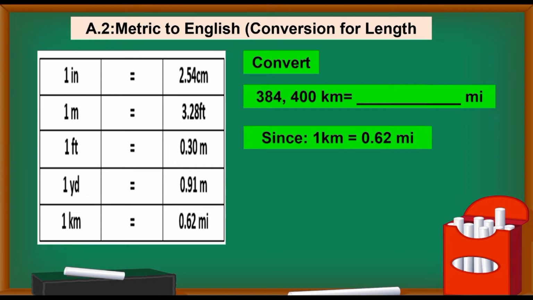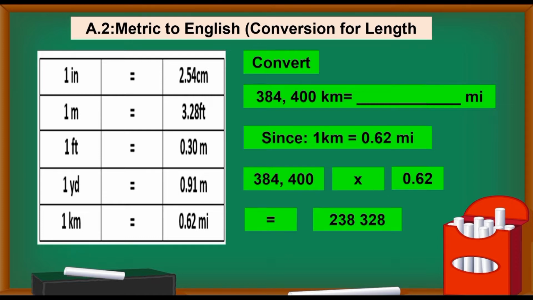So, given yung 384,400, since ang 1 kilometer is equal to 0.62 miles, ita-times natin sa 0.62 para makuha natin ang 238,328 miles. So, yun po ang katumbas.